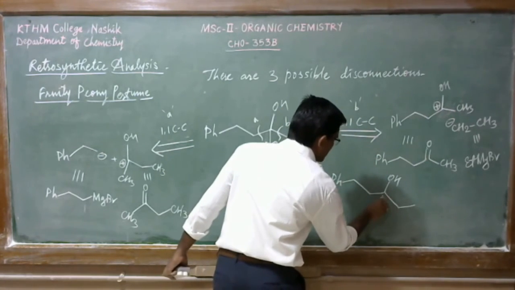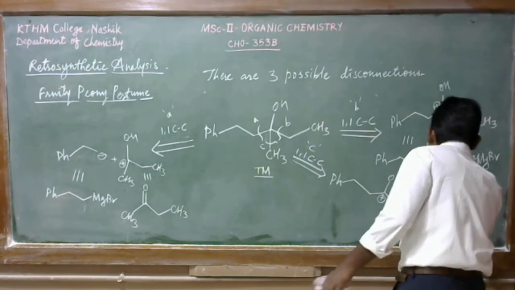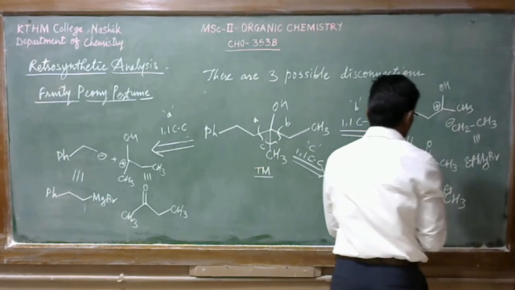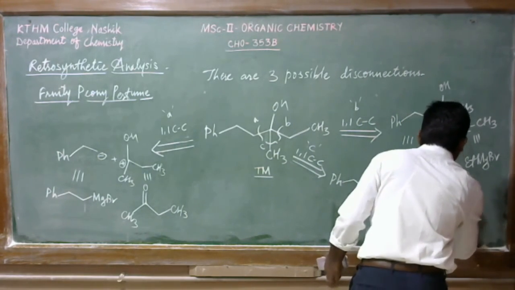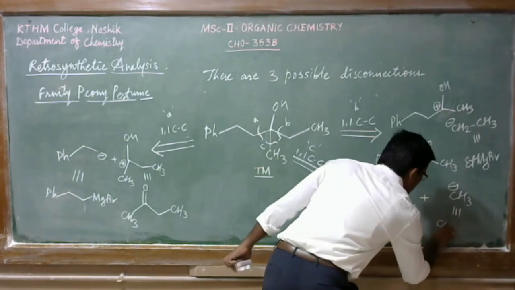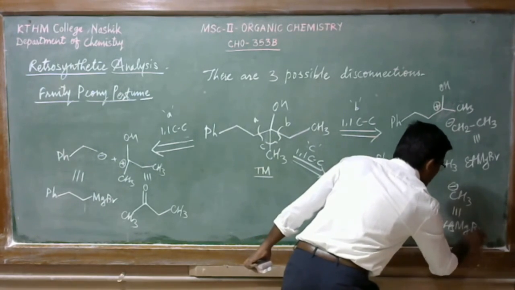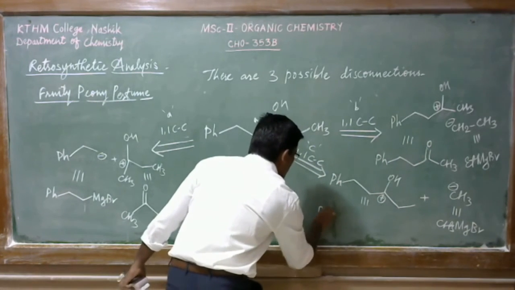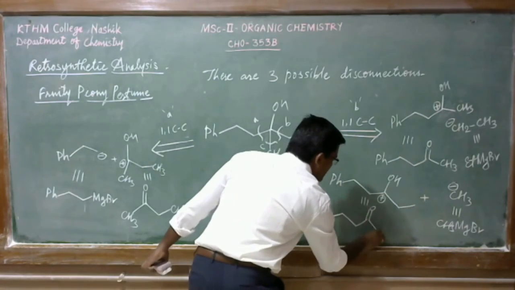This will have positive charge, and the other is methyl negative. So methyl negative can be translated into methyl magnesium bromide, and this translates to this ketone.